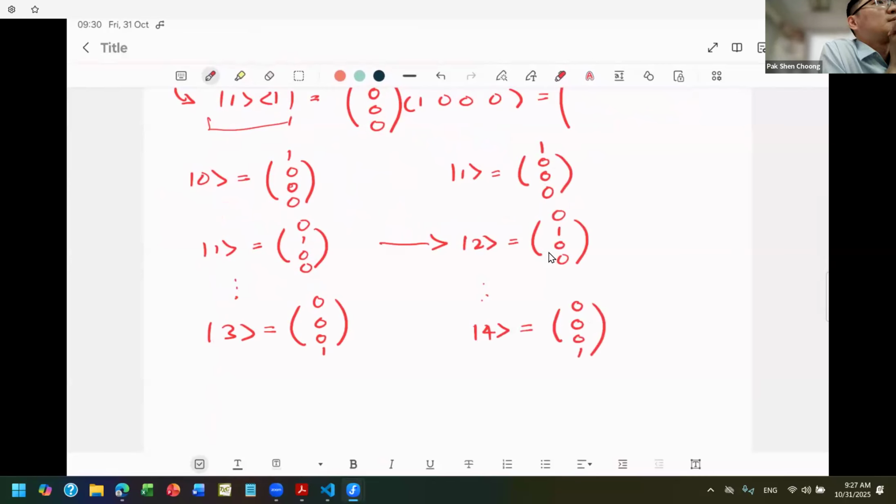So in the end, you will see that JK will correspond exactly to your matrix element.